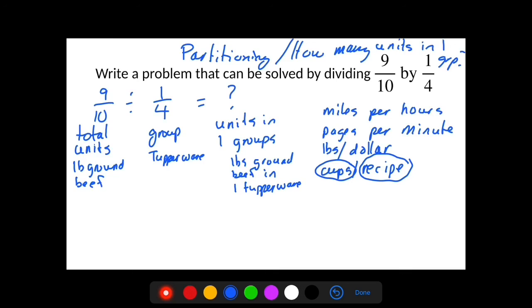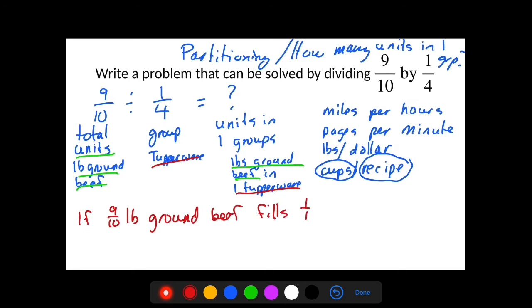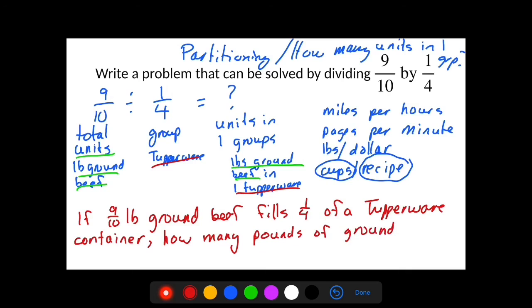So this was pounds per container, or pounds per Tupperware. My units were ground beef, and my group became the Tupperware. So let's write that problem out as well. If 9/10 pound ground beef fills 1/4 of a Tupperware container, how many pounds of ground beef fit in one Tupperware container?